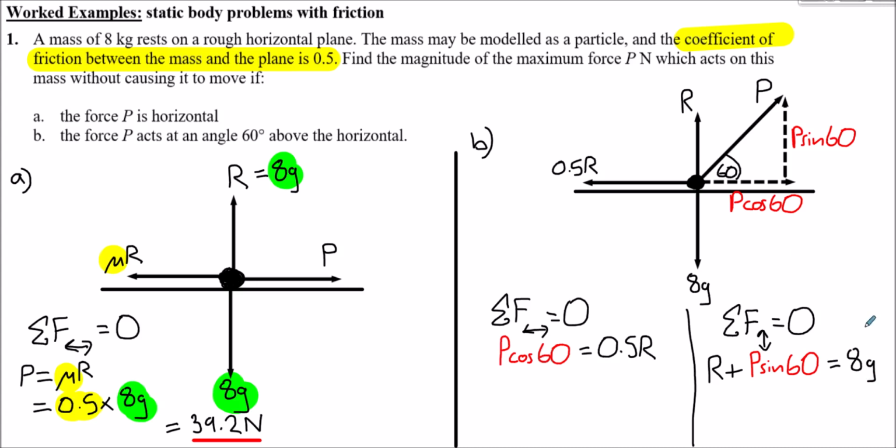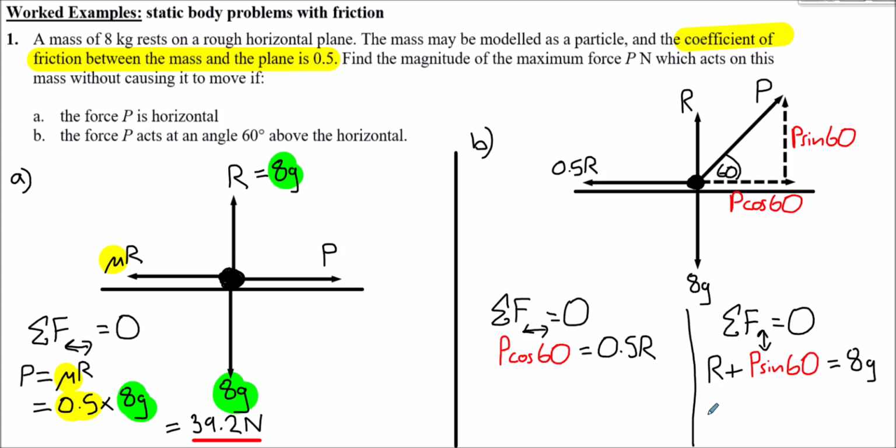So therefore what we can do, we've got two expressions now involving R and P. Essentially this is a simultaneous equation, so we could just substitute one into the other. And so what I'm going to suggest we might want to do here is work out what R is in terms of P and sub into this one here.